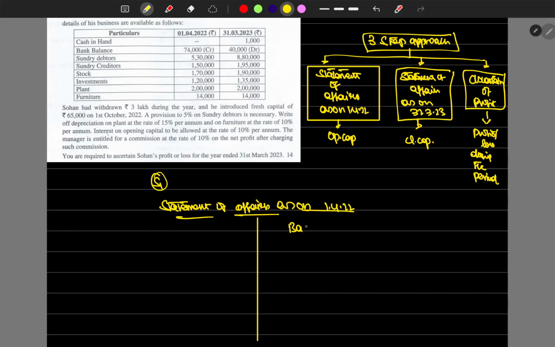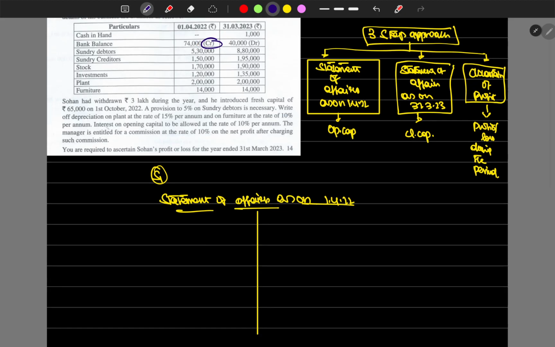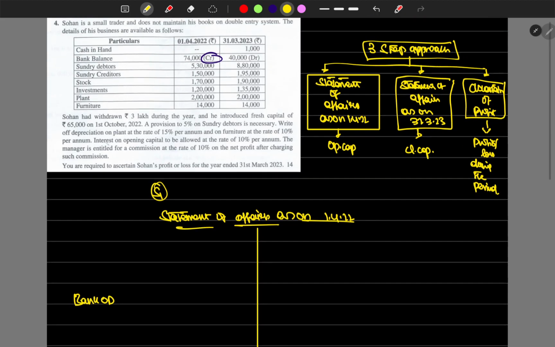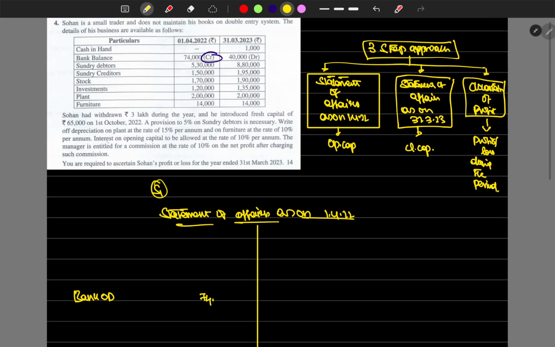The bank balance is a credit balance, so this is a bank overdraft of 74,000. Then sundry debtors, which is 5,30,000. Then we are given the creditors, which is 1,50,000.